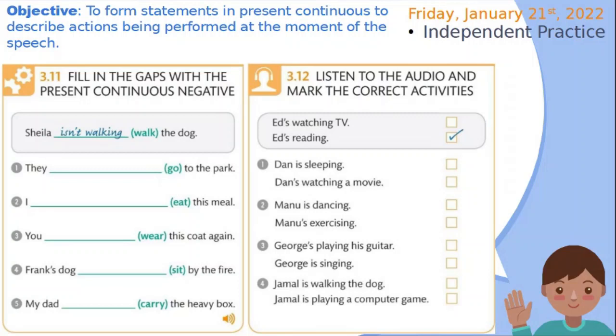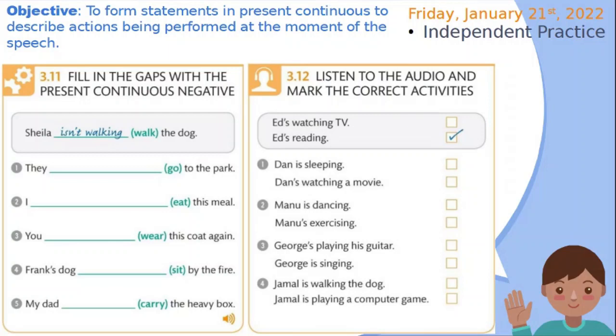Then, 3.12, listen to the audio and mark the correct activities. Yo te voy a poner el audio allí agregado en Classroom, en un file, lo vas a escuchar, pero aquí sí, primero yo te diría, copia estas oraciones tal cual en tu cuaderno, en tu hoja de carpeta, so copy this in your notes, and then listen to the audio and mark the correct activities.